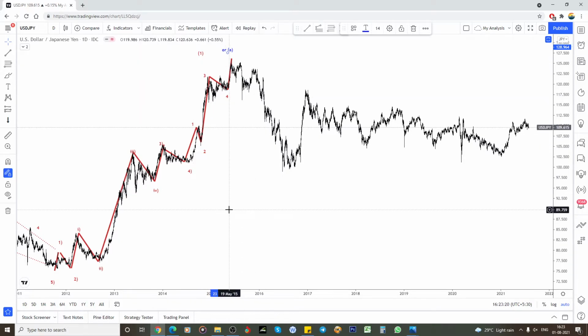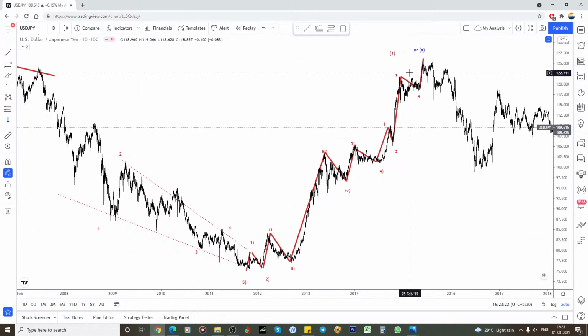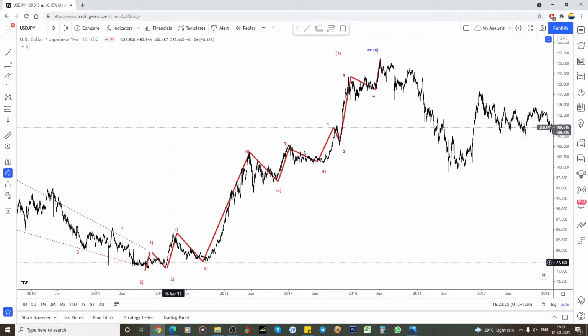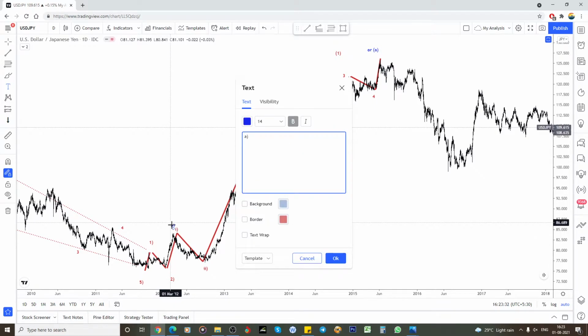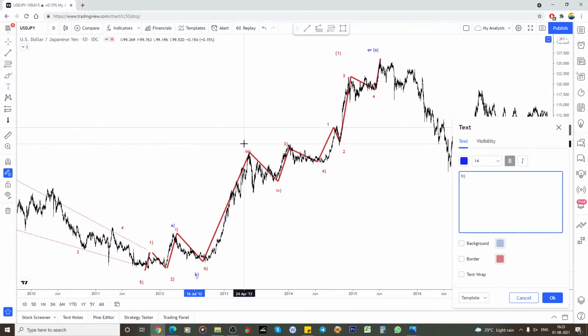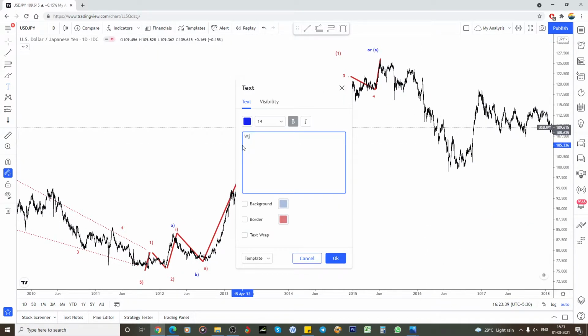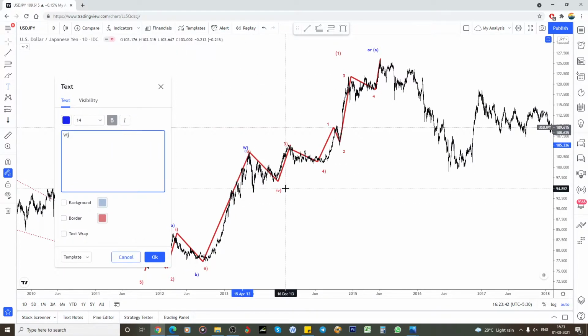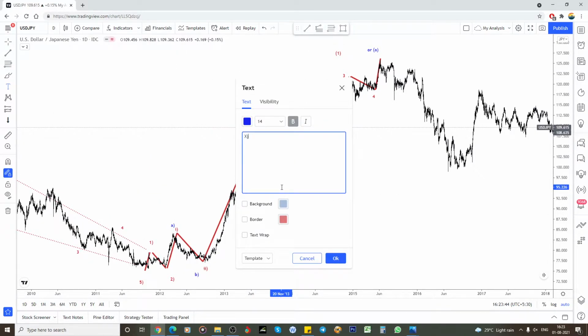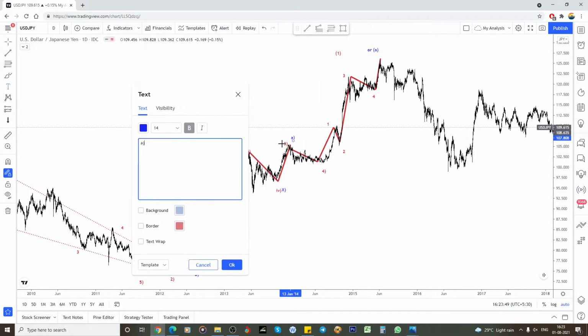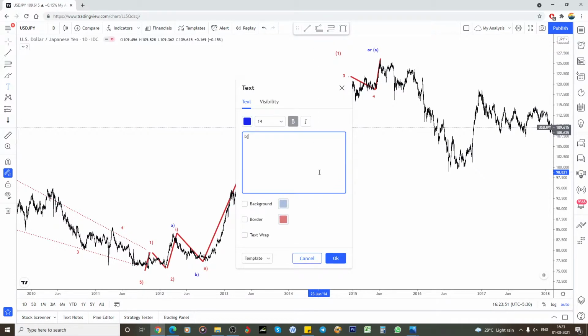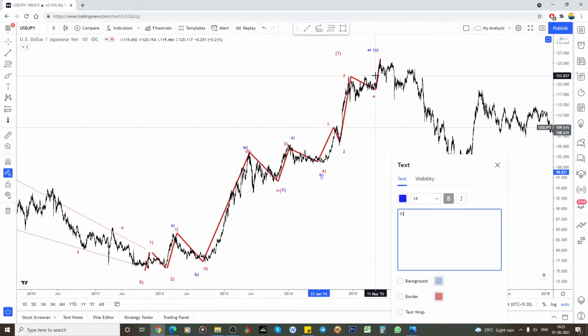So this is everything, and why I am having a doubt is that this could be a wave A, B, C. This could be an A, this could be a B, and this whole thing becomes a C, which means this is a W, the connecting wave, and X is a triangle, and again the Y wave contains A and B, and again C contains a 5-wave structure.